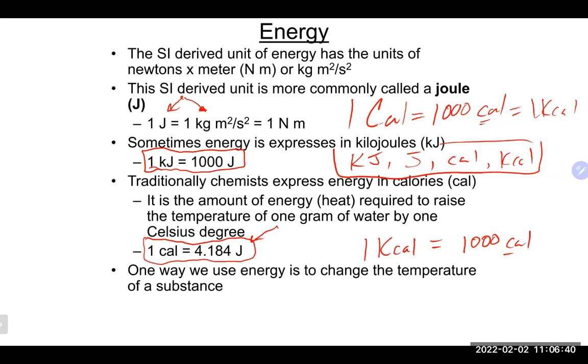If something is giving off energy, we should see the temperature go the other way. It should start to drop. So if a substance is releasing energy, we should see a drop in the temperature, where the final temperature will be less than the initial temperature in that particular situation.